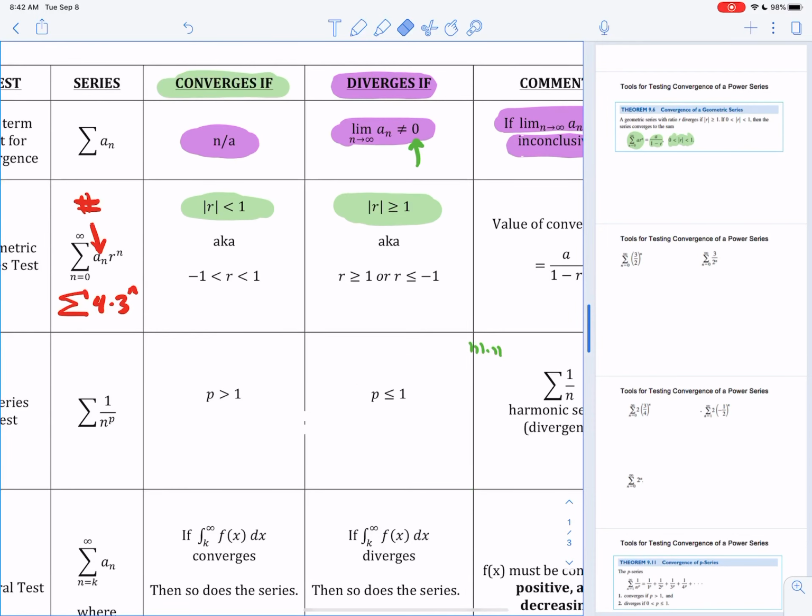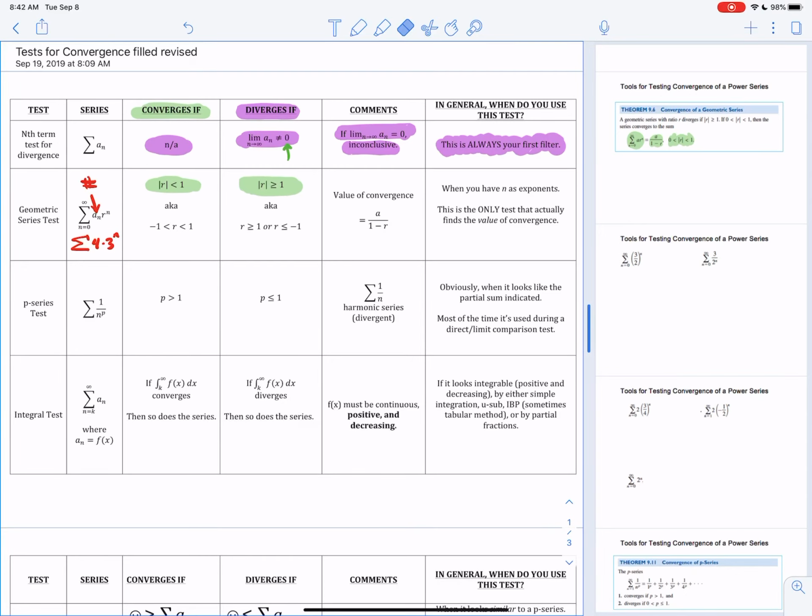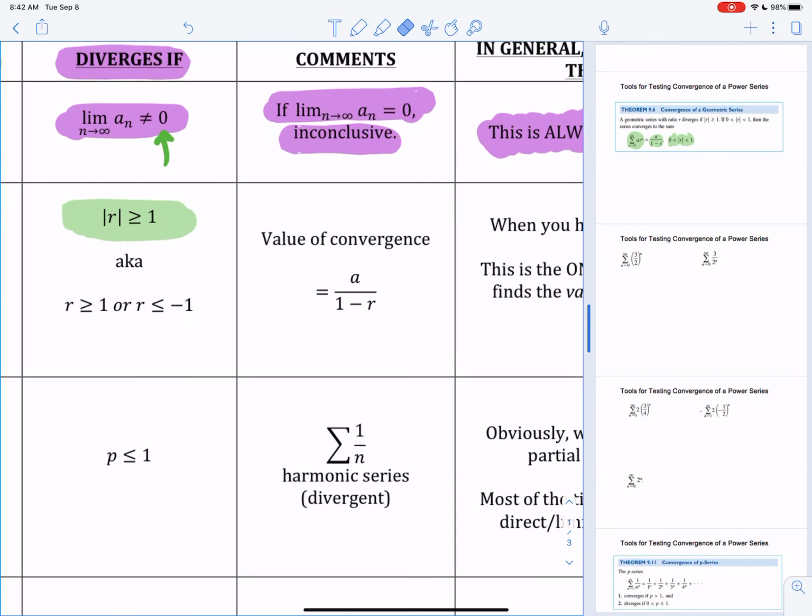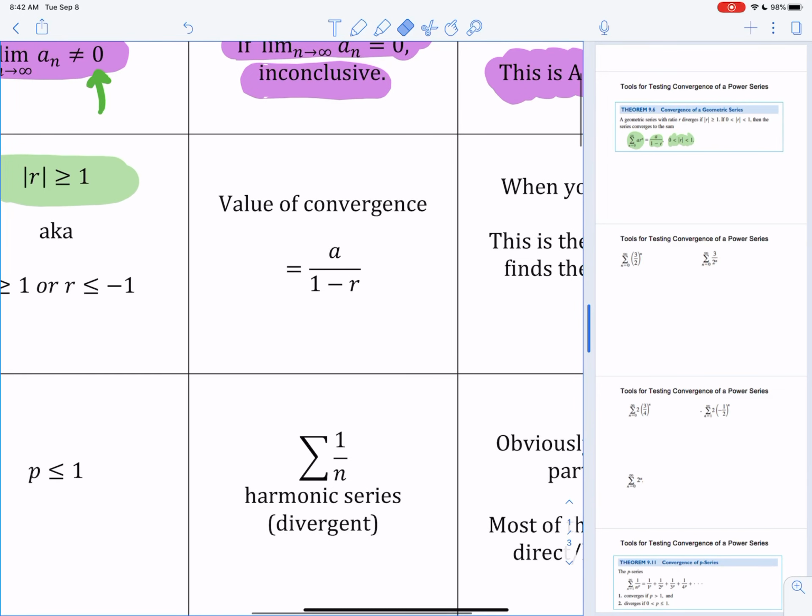Again, the geometric series is the only series test that will actually tell you where it converges. It's pretty much your first term over 1 minus whatever your r is. And I'll show you how to do that.